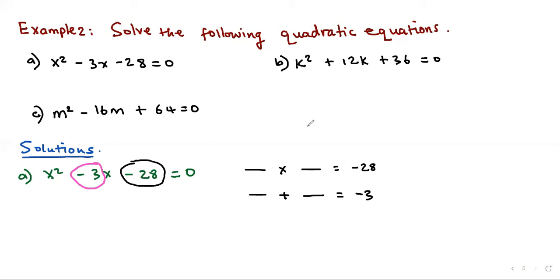Think about that. Which two numbers can you multiply to get negative 28, but add them to get negative 3? You can think, okay, how can I get negative 28?